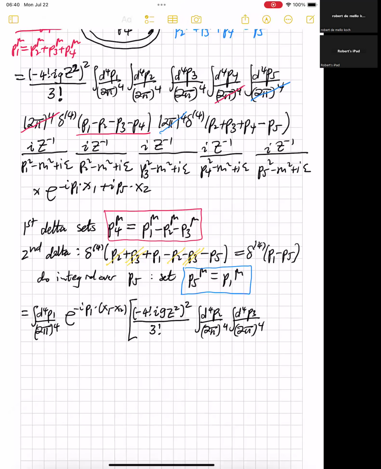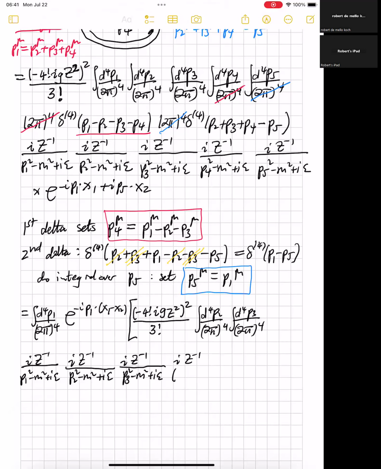And now we will have all of the propagators. We'll have an i Z inverse over p1 squared minus m squared plus iε. We'll have the same for p2, and the same for p3.